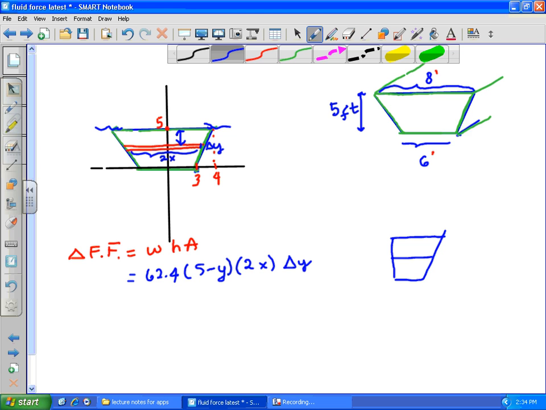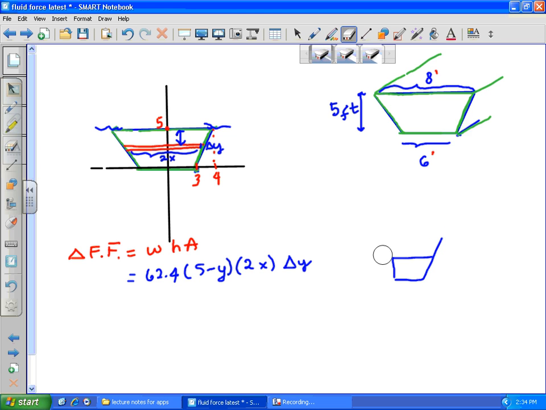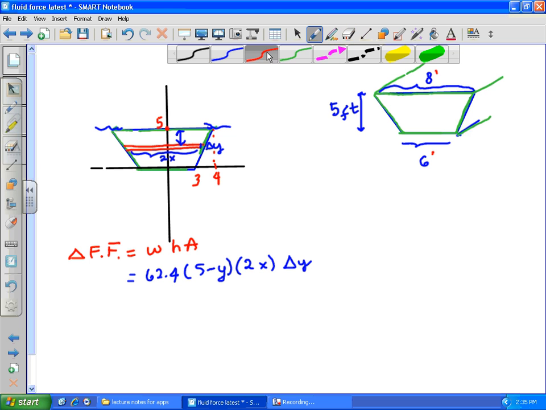So one suggestion I have for you here is the easiest way to do this would be to actually write down the equation of this line. If we could write the equation of this line, let's see, that would be this line right here.